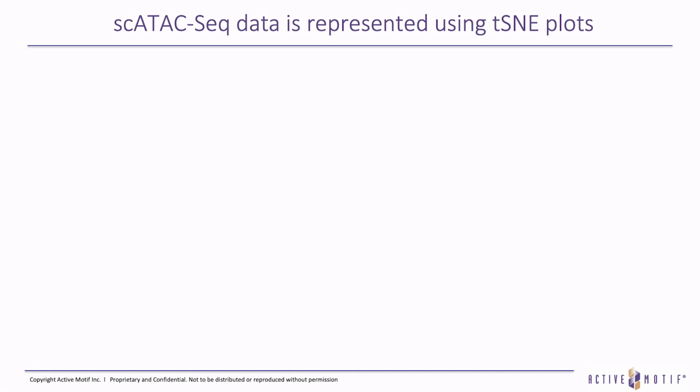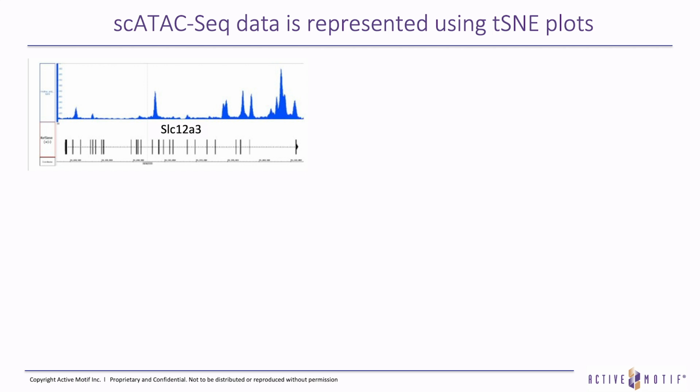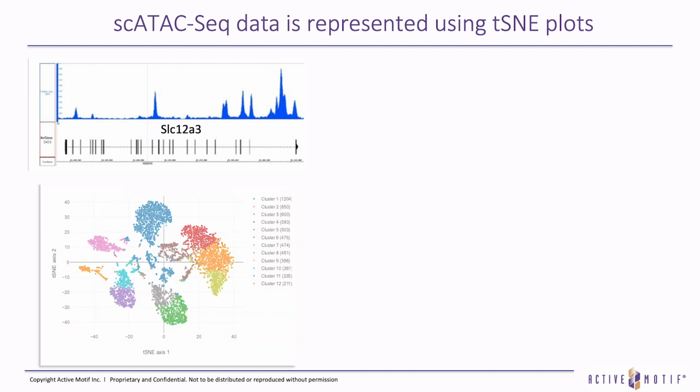So although single-cell ATAC-Seq does use those same principles of standard ATAC-Seq, there are some differences in the way single-cell ATAC-Seq data is represented compared to standard ATAC-Seq. Here again, I have an example of a bigWig track looking at this particular gene locus, where the peaks of open chromatin are indicated in blue. Again, with standard ATAC-Seq, this is an average of all the signals. With single-cell ATAC, not only are you able to look at the average signal, you then have the data represented in what is considered a t-SNE plot, or now also a UMAP plot.